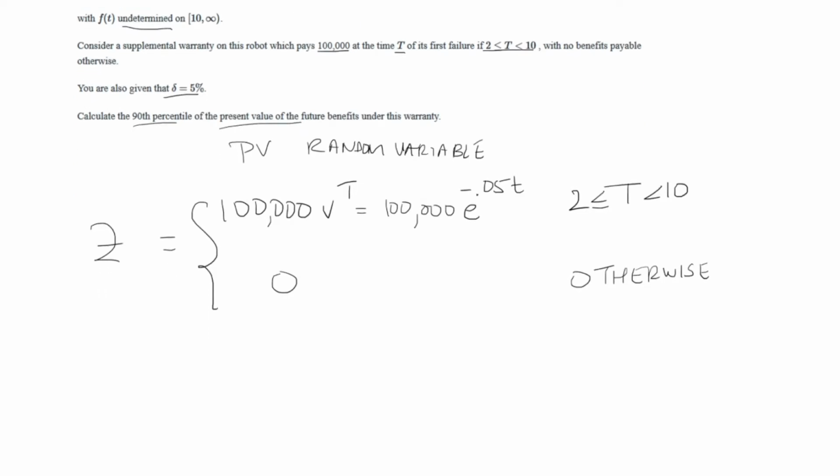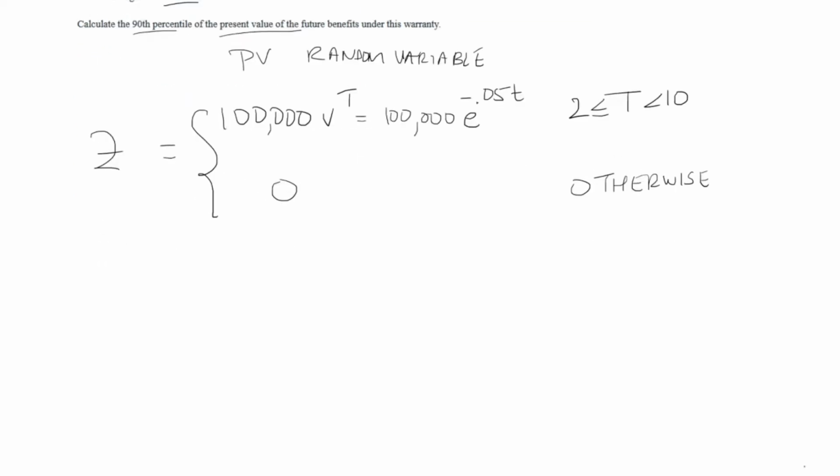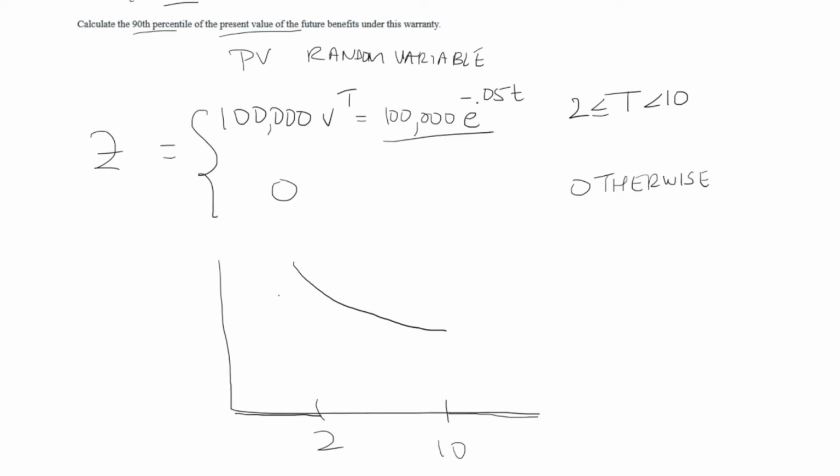Okay, now we can graph this. We know it's going to be between 2 and 10, really. Everywhere else it's going to be 0. And between 2 and 10, it's going to be 100,000 e to the negative 0.05t. So that's what we're graphing here.